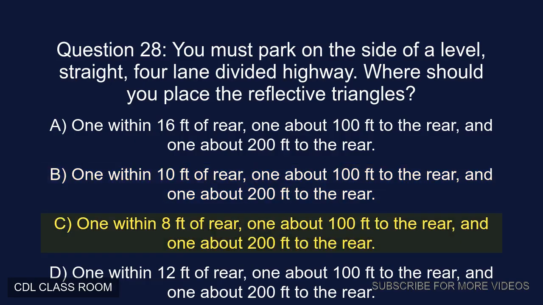C. One within 8 feet of rear, one about 100 feet to the rear, and one about 200 feet to the rear. D. One within 12 feet of rear, one about 100 feet to the rear, and one about 200 feet to the rear. Correct answer, B. One within 10 feet of rear, one about 100 feet to the rear, and one about 200 feet to the rear.